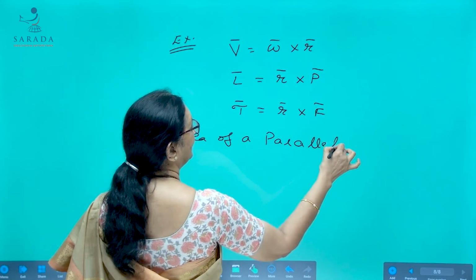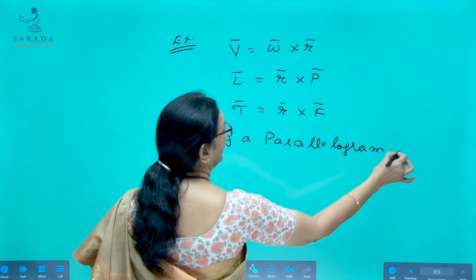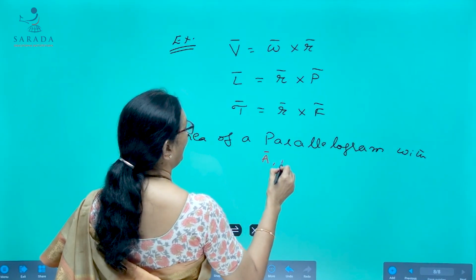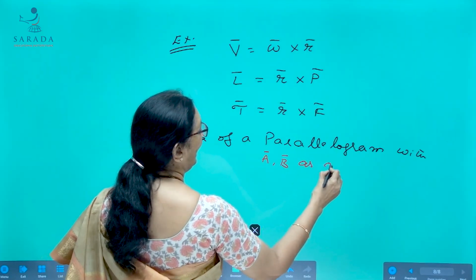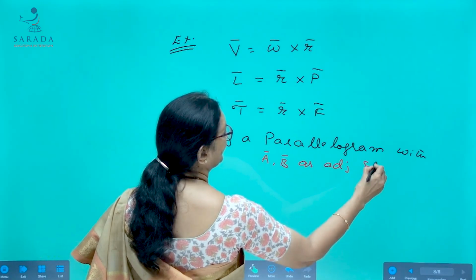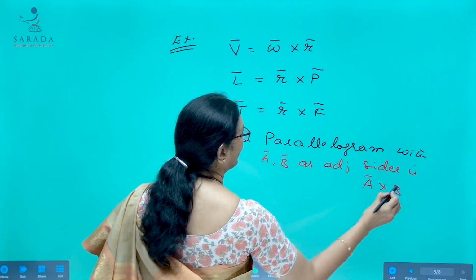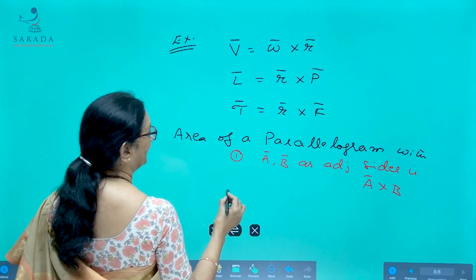Area of a parallelogram with a bar and b bar as adjacent sides is a bar cross b bar. That is the first one.